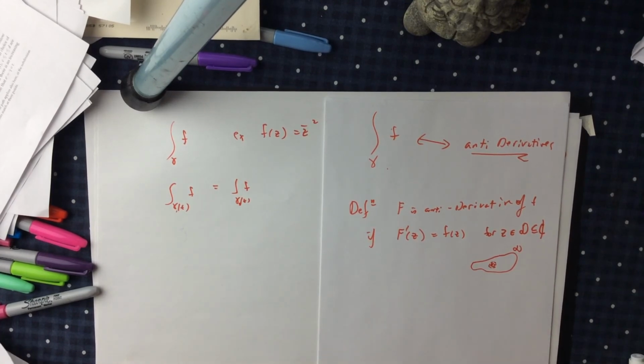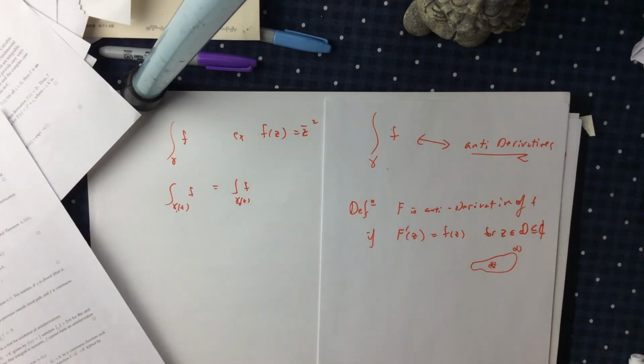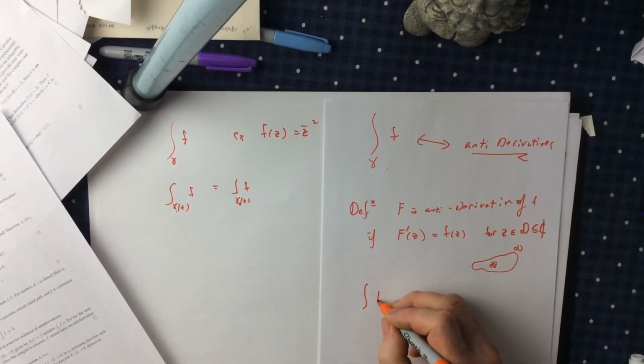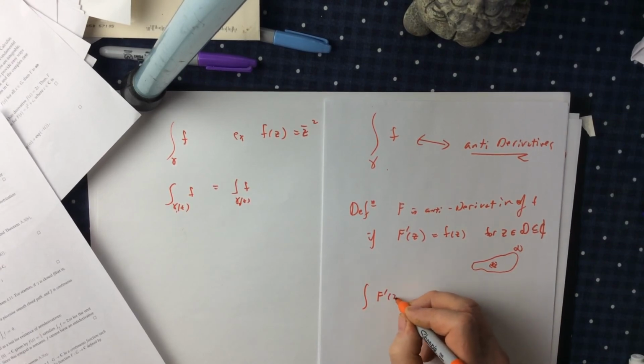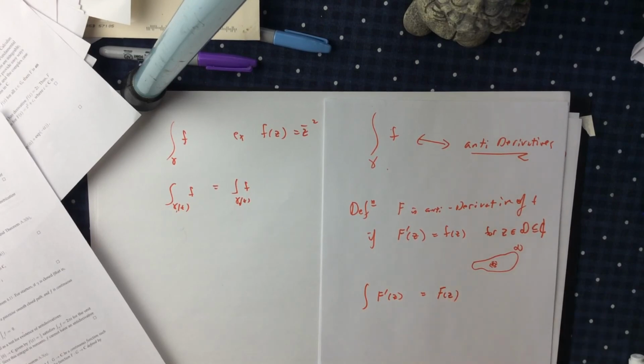All right. So if we define something to be an antiderivative, the next thing we want to do is find out how antiderivatives are going to be related to integration. Now, I am going to use a theorem that I'm not going to prove here, and that is that if I know something is a derivative, that I want this answer to be f of z. That's not a deep push.